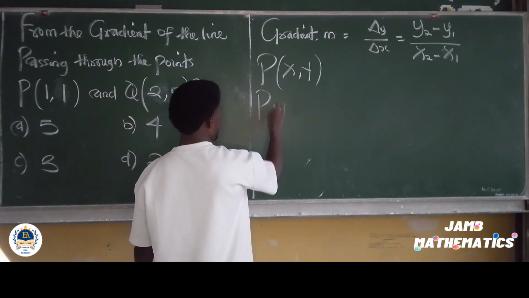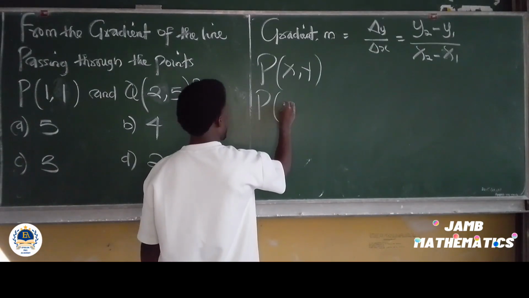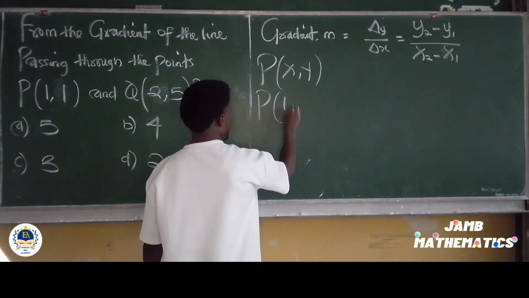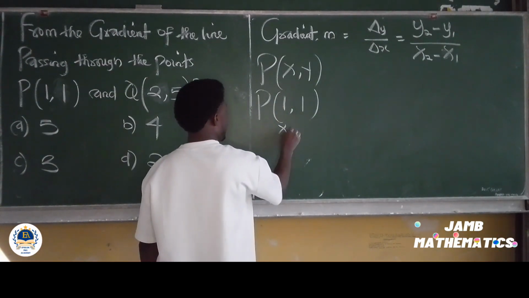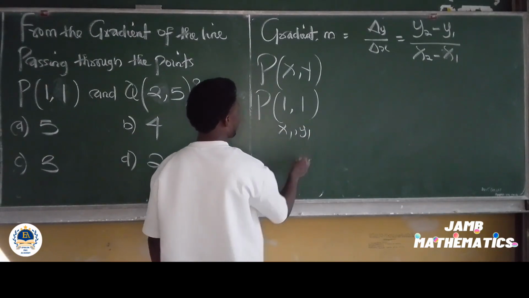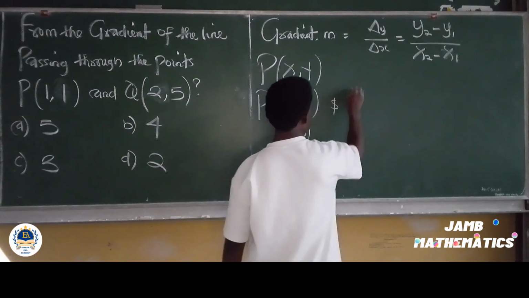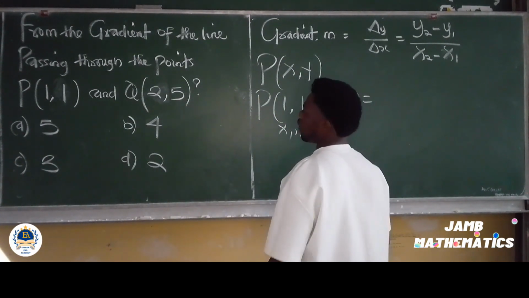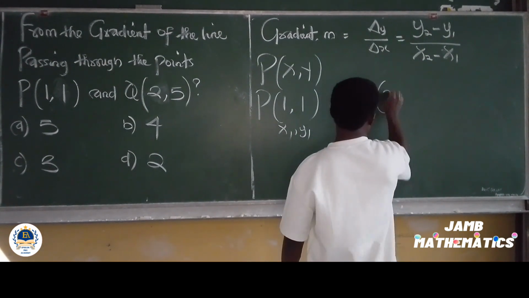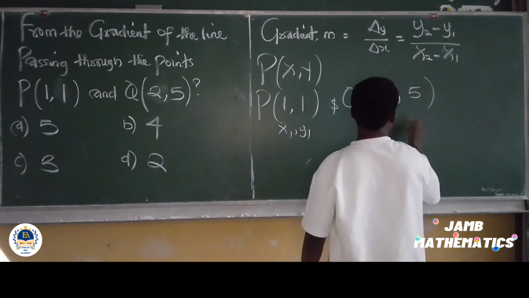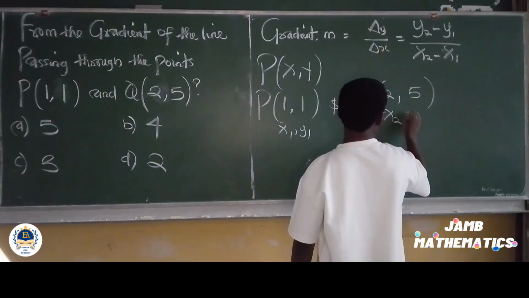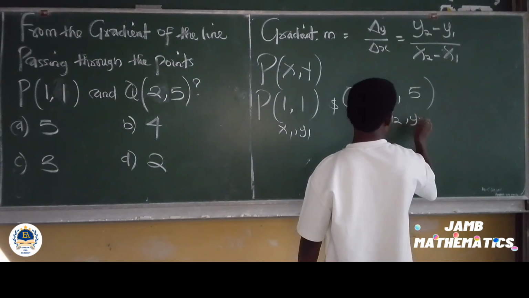At P, we have x1 and y1. Then at Q, we have 2 and 5, which is x2 and y2.